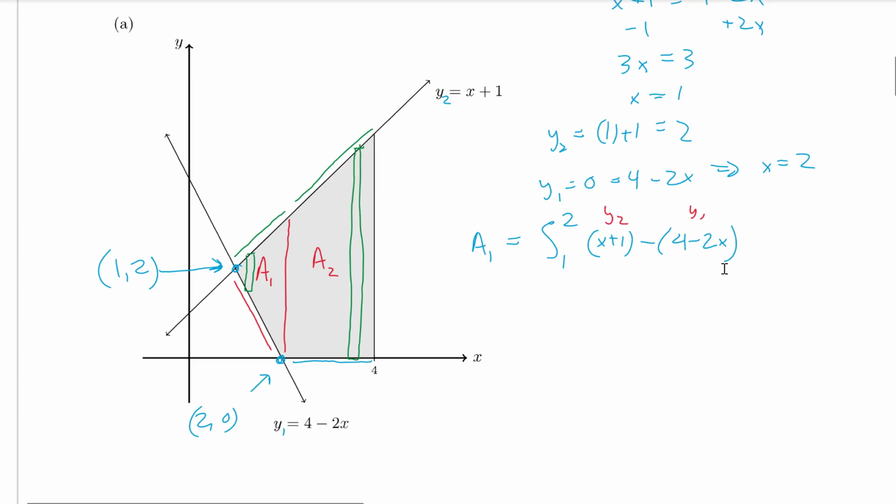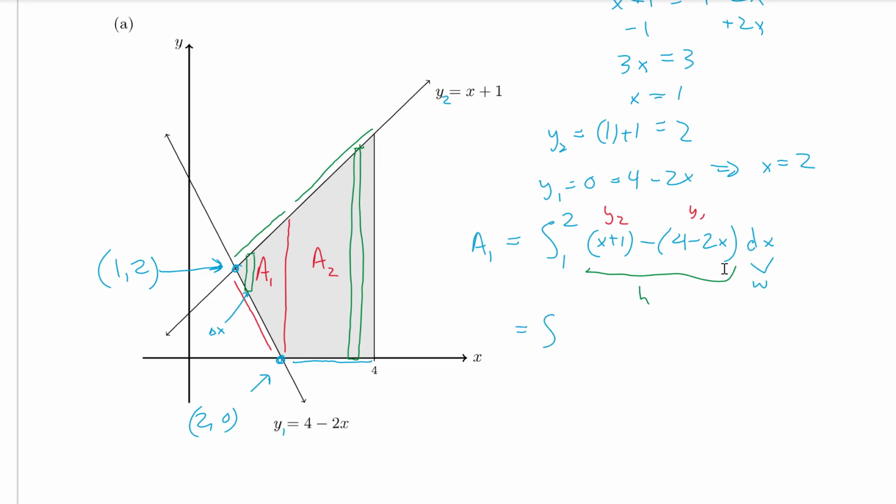So this entire quantity is the height of the little rectangles in there. And when we multiply by our dx, that is our width, this little infinitely skinny region right there. That's our delta x. So our integral for area 1 is shown here.